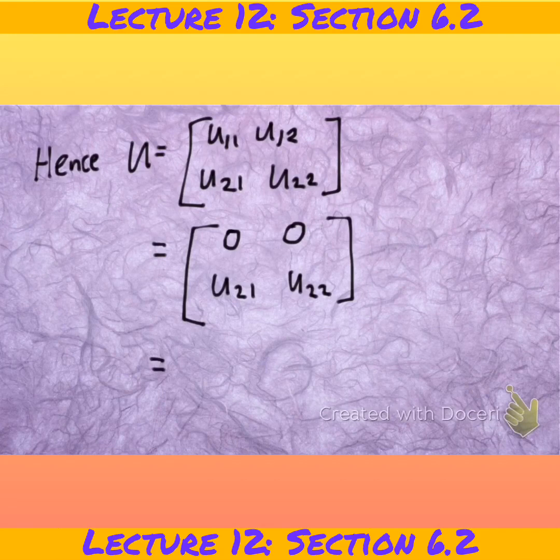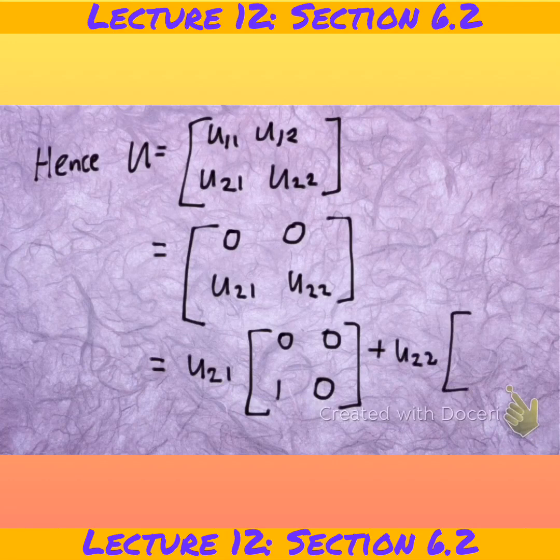We can write that as u21 multiplied by the matrix, plus u22 multiplied by the matrix 0, 0, 0, 1. Note we can make u21 and u22 arbitrary parameters.